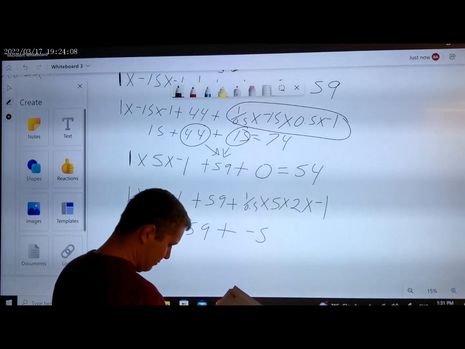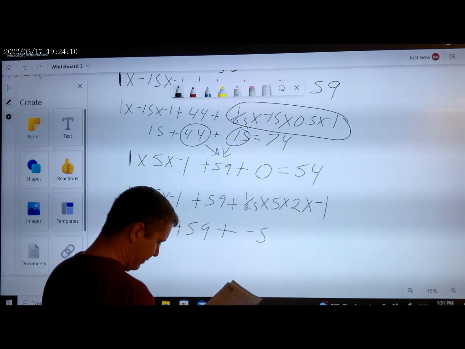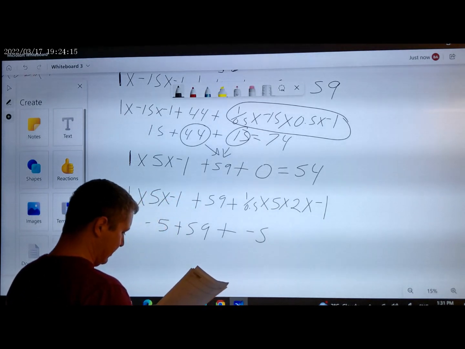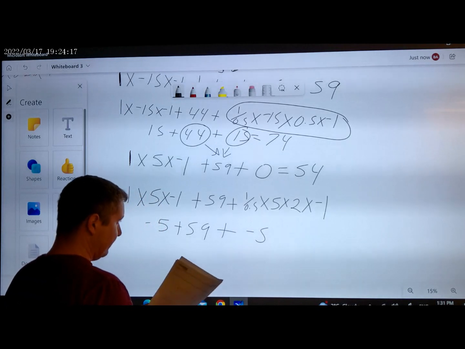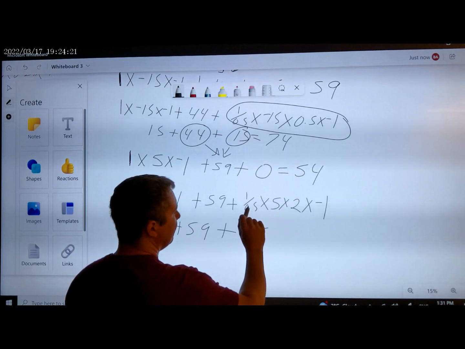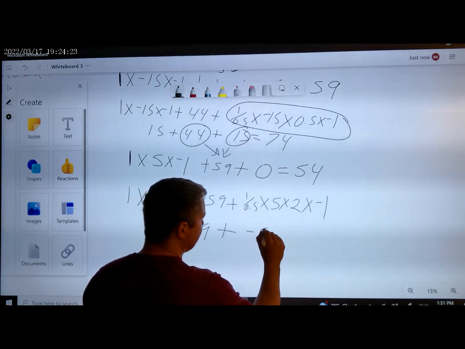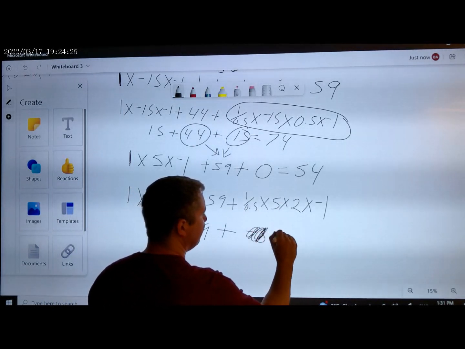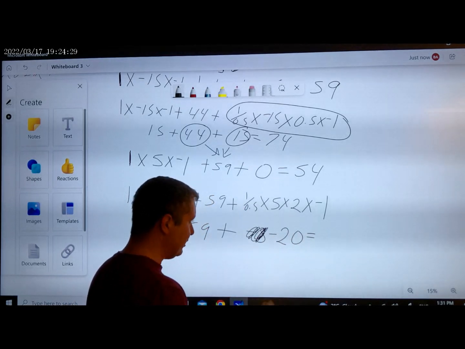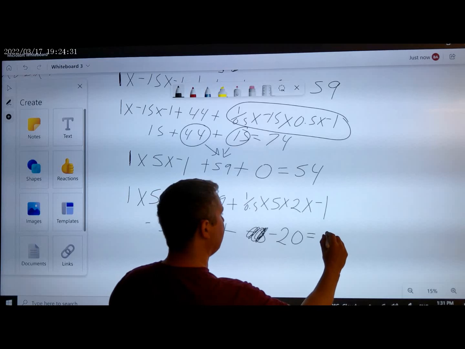Is that right? Why does that not feel right? Oh, sorry, that's supposed to be 20. So that is minus 20. I didn't do that calculation right in my head at all. Minus 20, which equals 34.